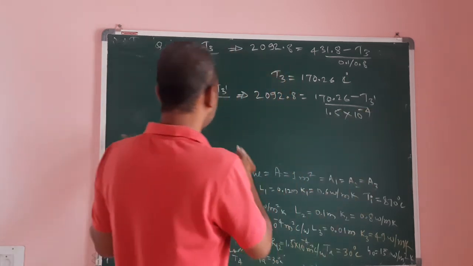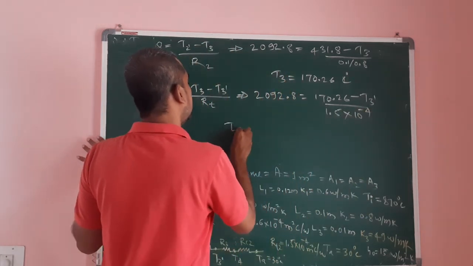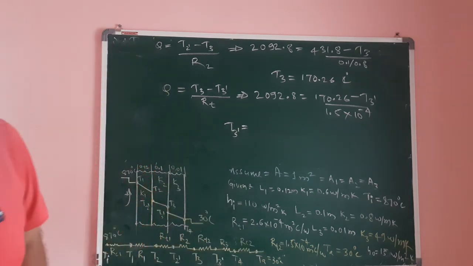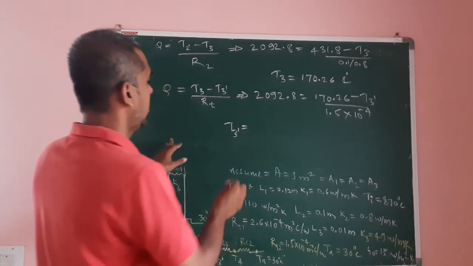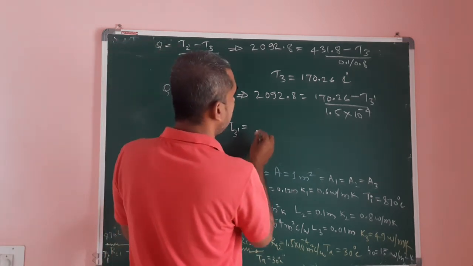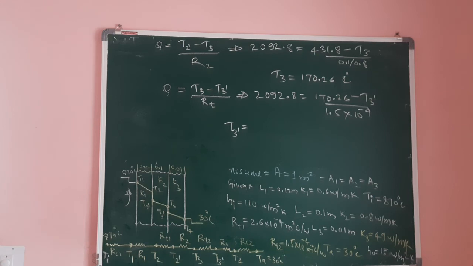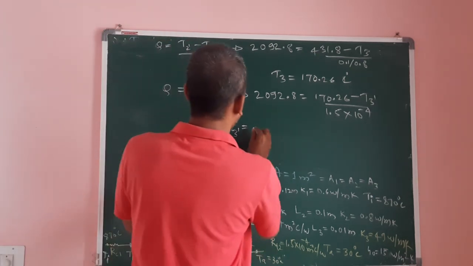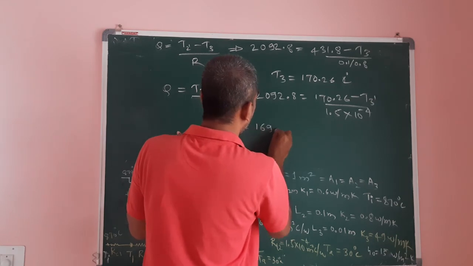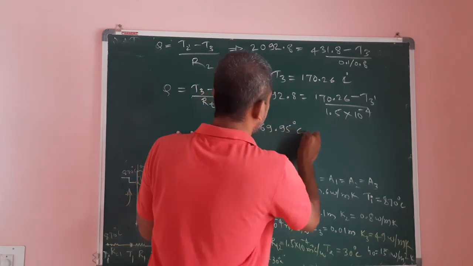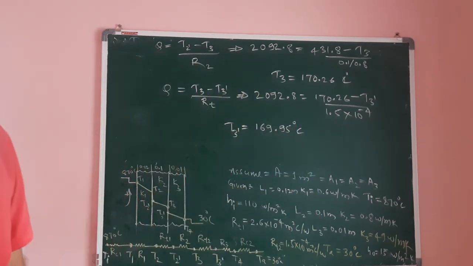If you simplify, you get T3 dash as 169.95 degrees Celsius.